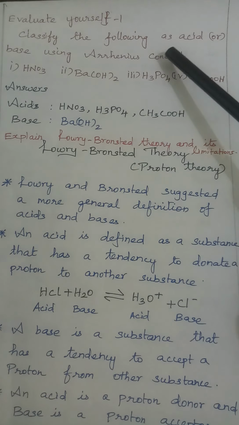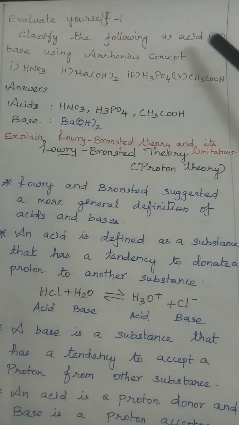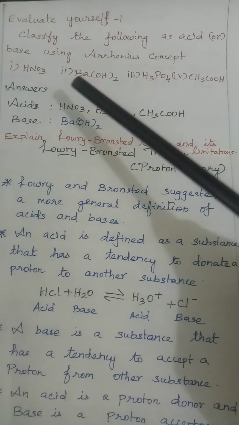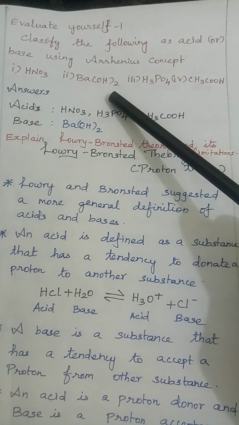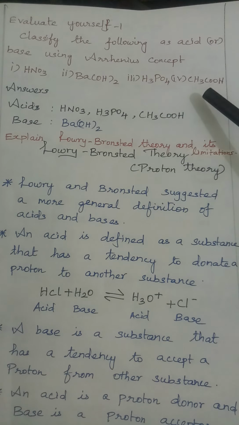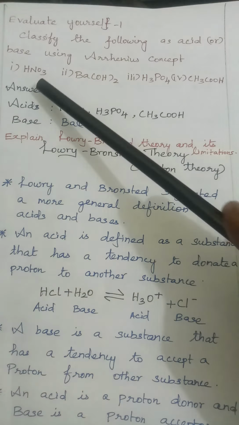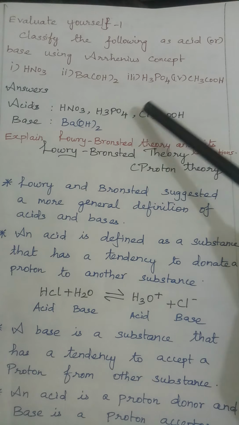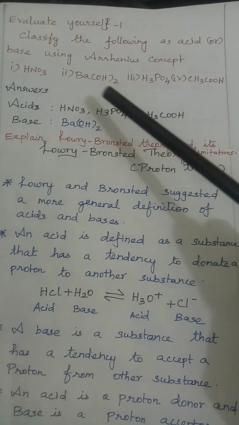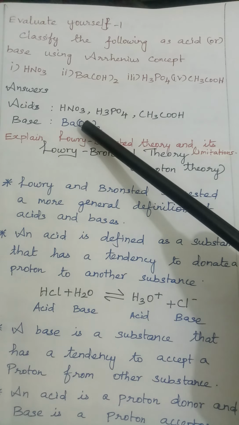Classify the following as acid or base using Arrhenius concept. Which is said to be acid, which is said to be base? HNO3, barium hydroxide, H3PO4, CH3COOH. Answer: HNO3, H3PO4, acetic acid are acids, barium hydroxide is a base.